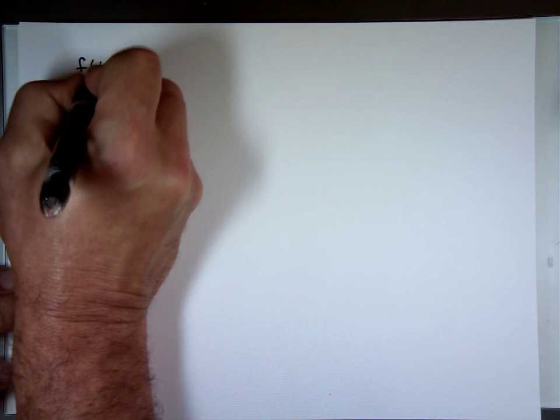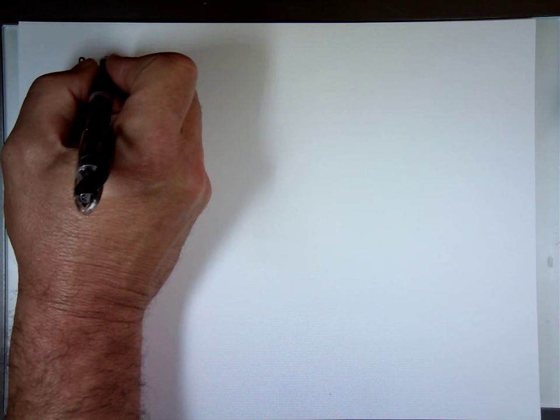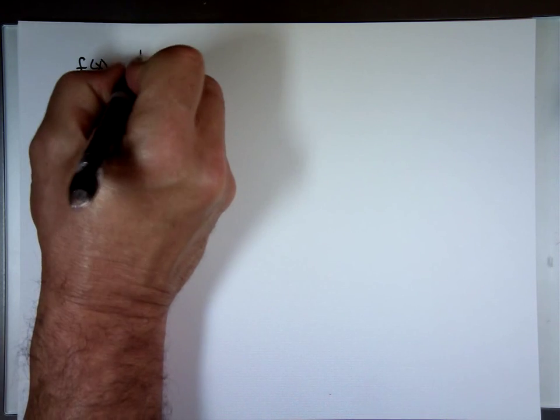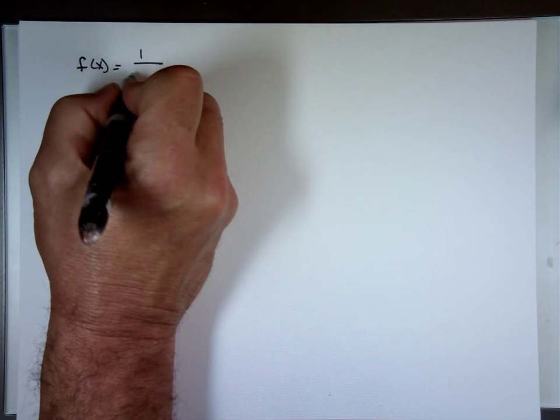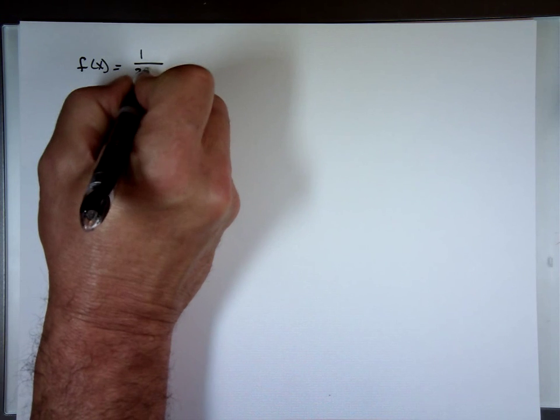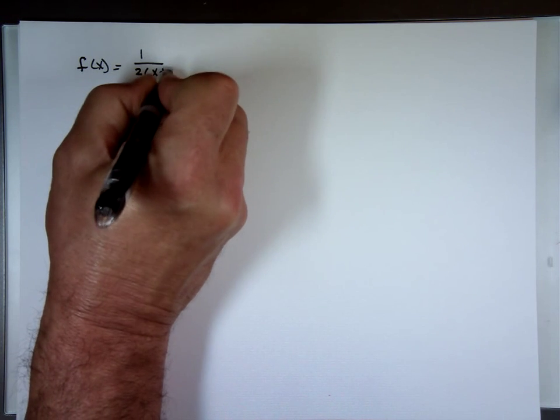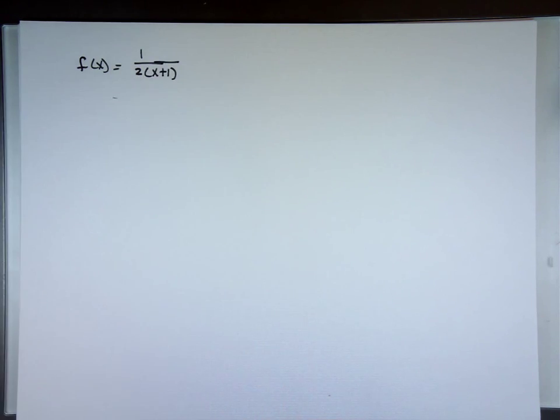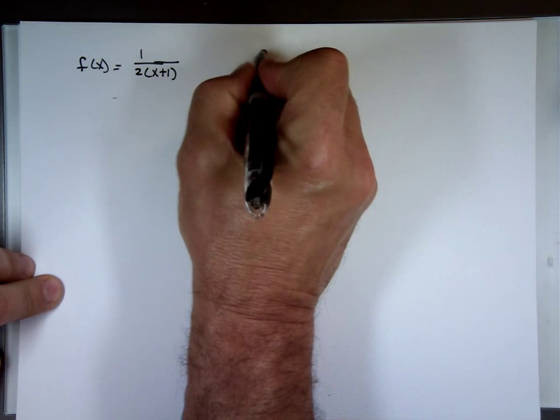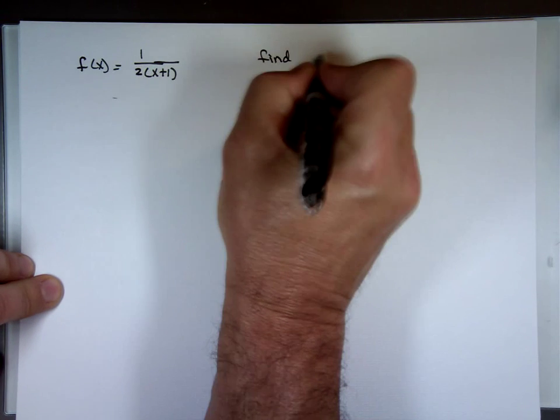So when I look at a problem like this, and if I want to cheat and graph it quickly, let's say I want to graph f of x equals, let me pick an example, 1 over 2 times x plus 1. Let's find the vertical asymptote.